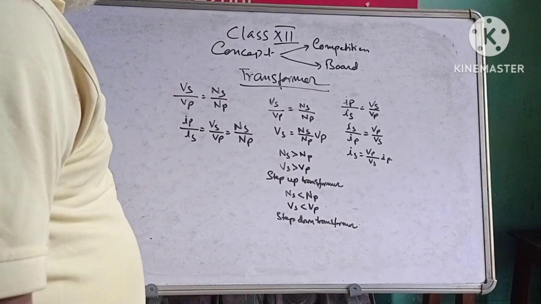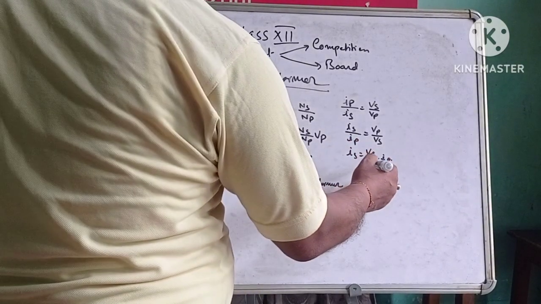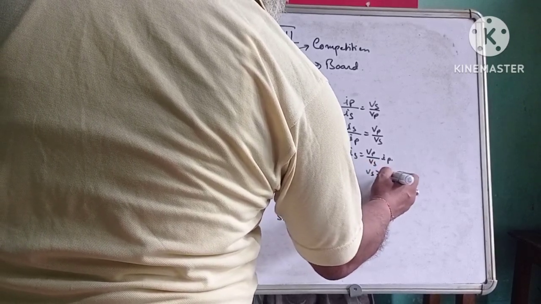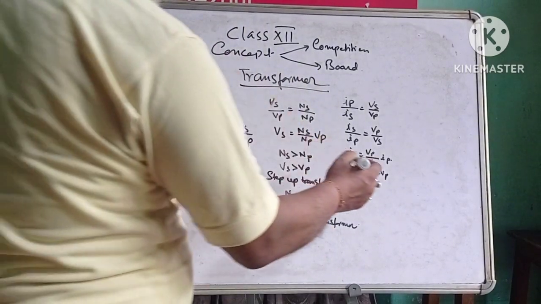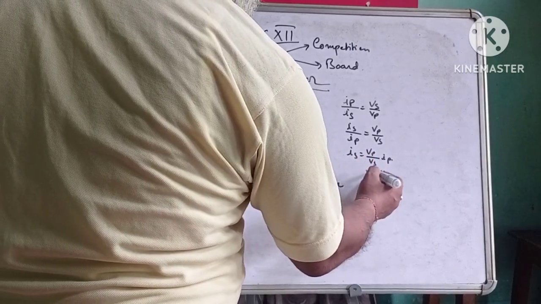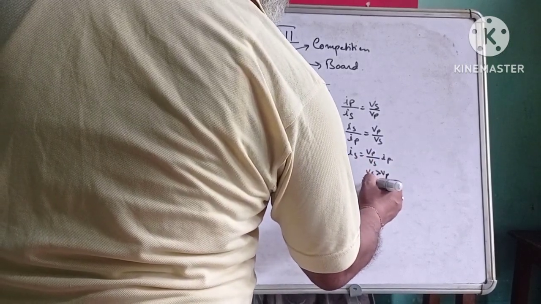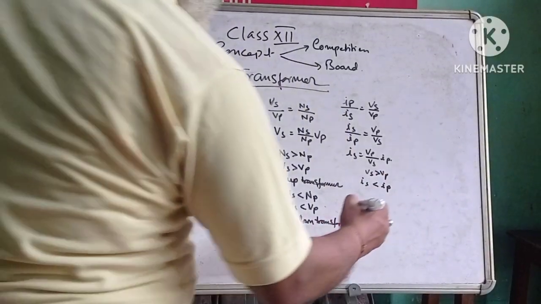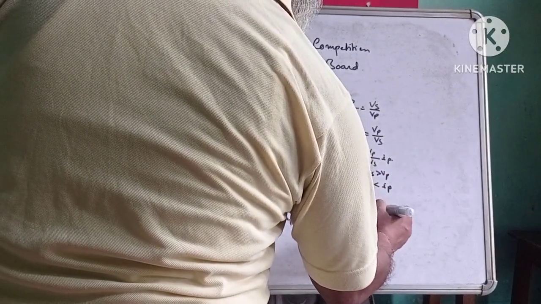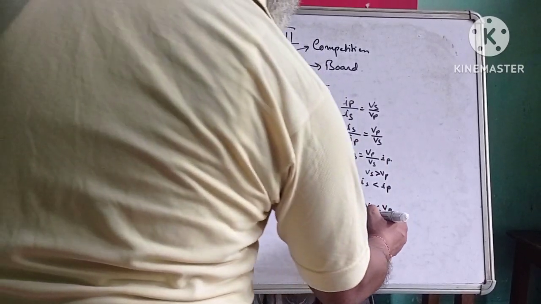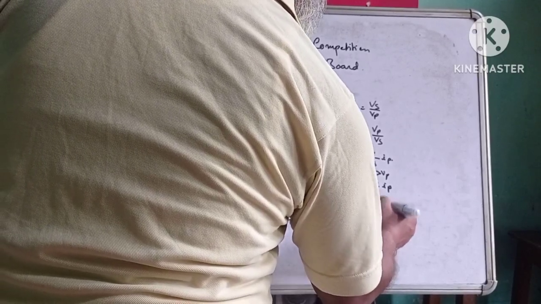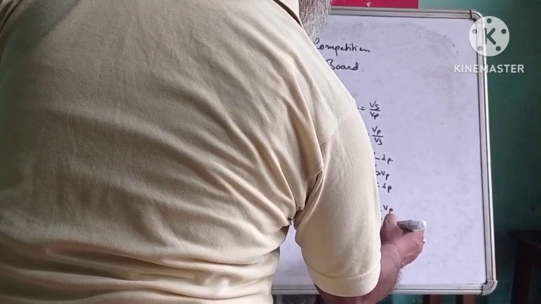So here again you see that if Vs is greater than Vp, this is a step up transformer, but your Is is less than Ip. And when your Vs is less than Vp, then your Is is greater than Ip.